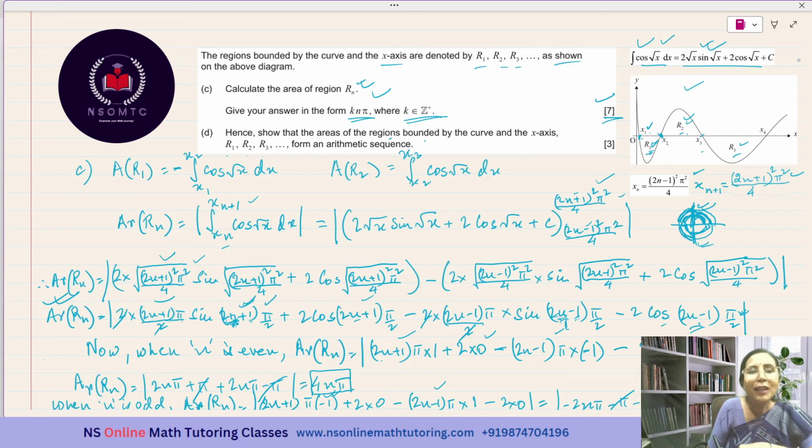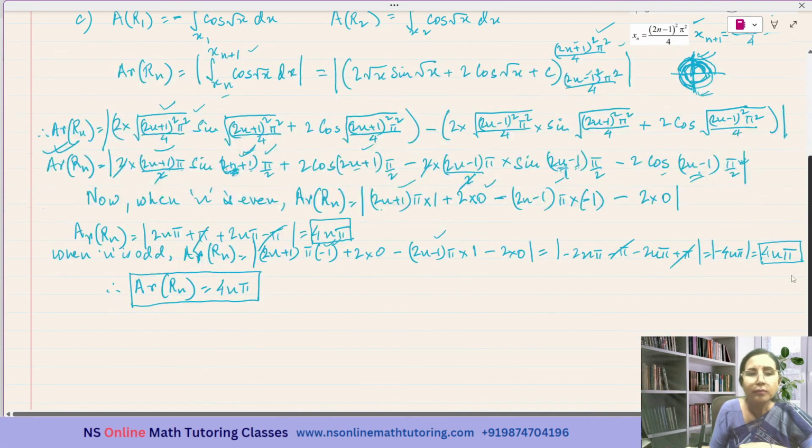Coming to subpart D, hence show that the areas of the regions, these are the regions bounded by the curve and the x-axis, R1, R2, R3 and so on, form an arithmetic sequence. Okay, so subpart D, area of R1 is equal to 4 times 1 times π is 4π.